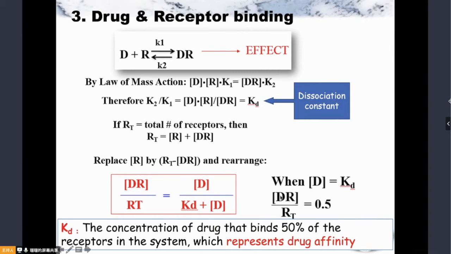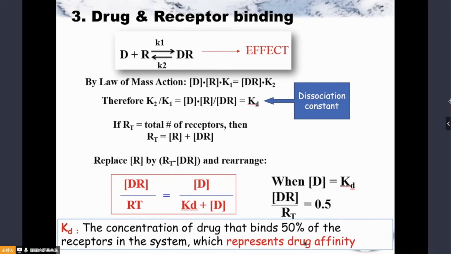That means the drug receptor complex accounts for 50% of total receptor. At this time the drug concentration equals KD. So the concentration of drug that binds 50% of the receptors in the system, that is KD. So we use KD to represent drug affinity.